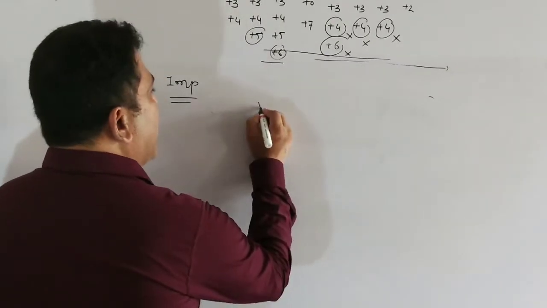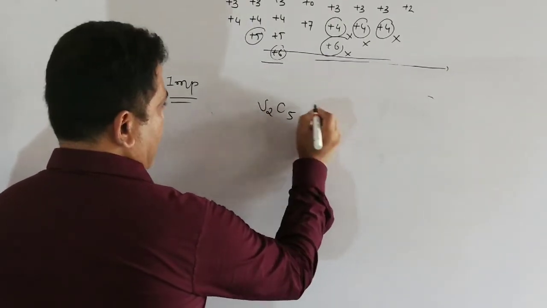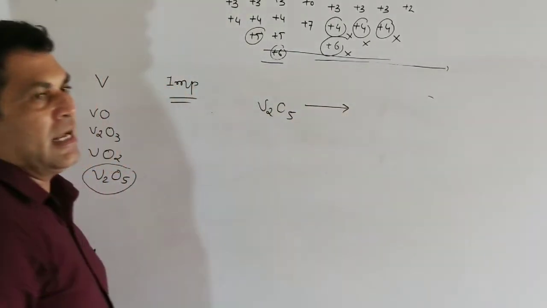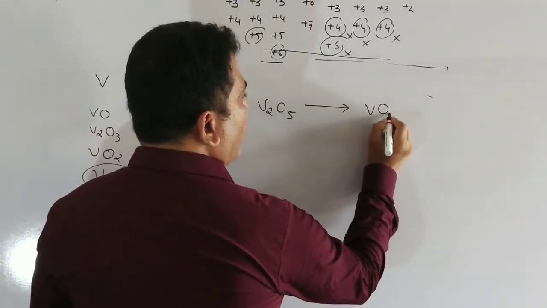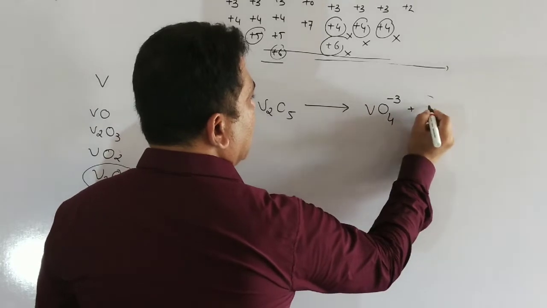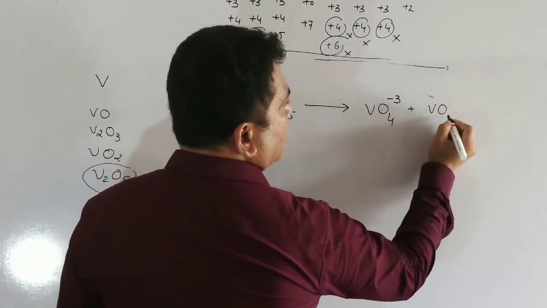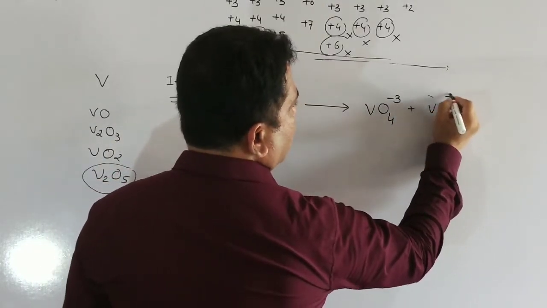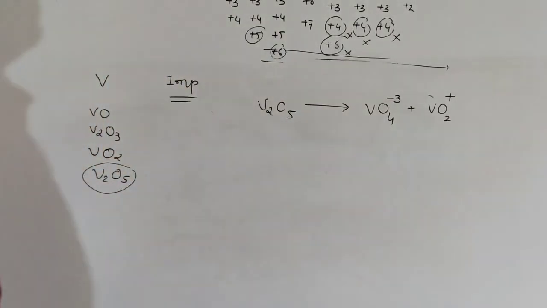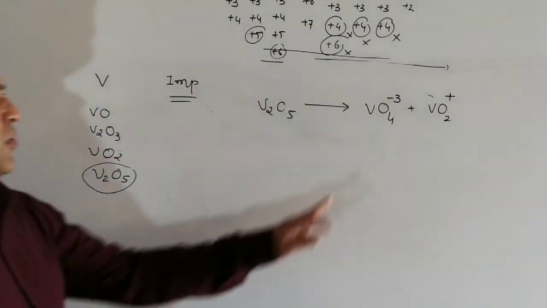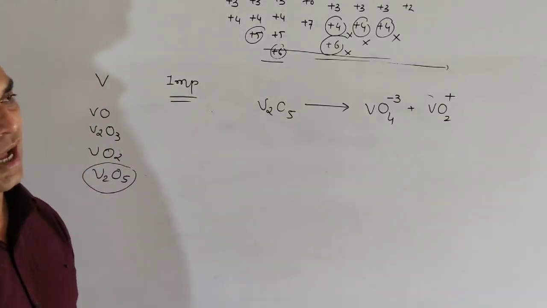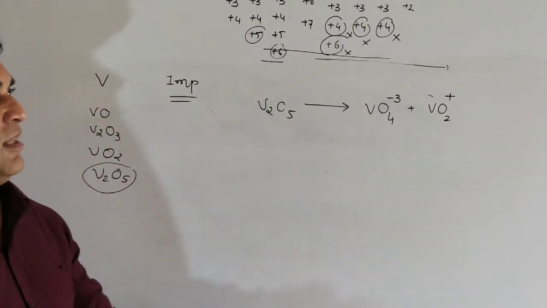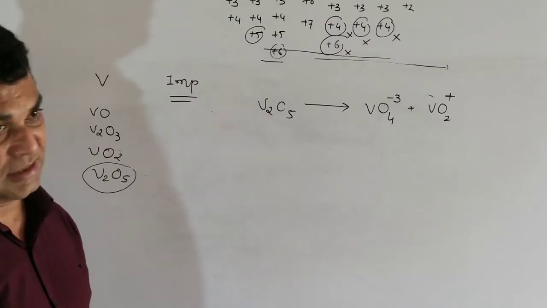So vanadium pentoxide V2O5 can convert itself into VO4 -3 ion and VO2+ ion. It can convert into VO4 -3 ion and VO2+ ion also. And this is the beauty of this thing.